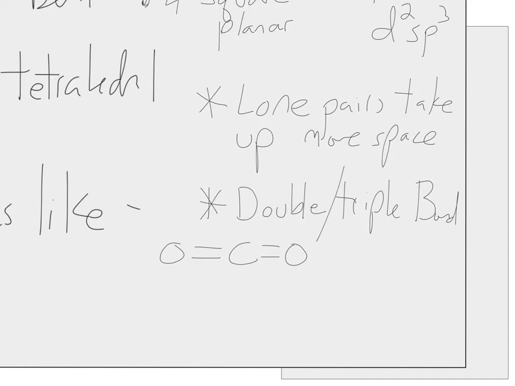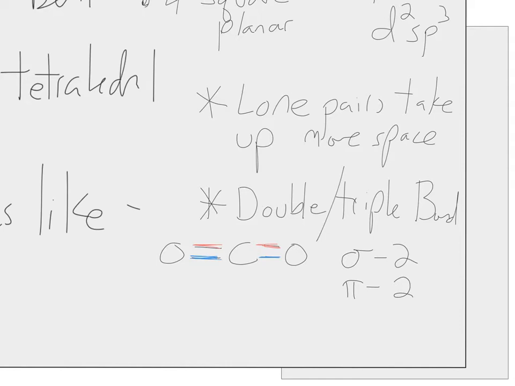And then we will get into the types of bonds that are in there. You need to know that all the single bonds are sigma bonds, and then any extra double or triple bond is a pi bond. So this CO2 has 2 sigma bonds. The first one will be sigma on each one, and then the second one will be a pi bond on each one. So there's 1 of each type in each one of those bonds.